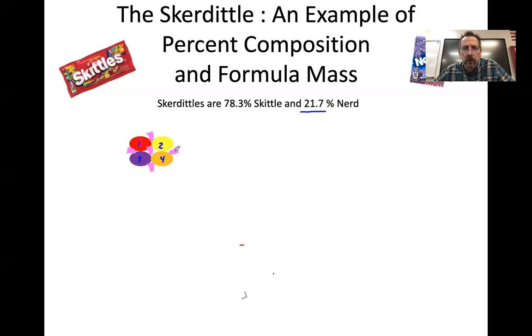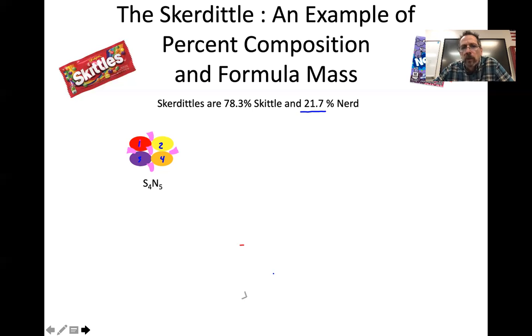And you can see that nerds are pretty tiny in size compared to Skittles. So if you take a bite, you're getting quite a bit more Skittle than nerd in terms of mass. How heavy it is, most of that candy is made of Skittle candy, not nerd candy. And that kind of is the analogy that we're going to take a look at.